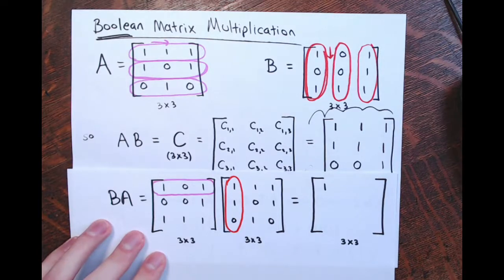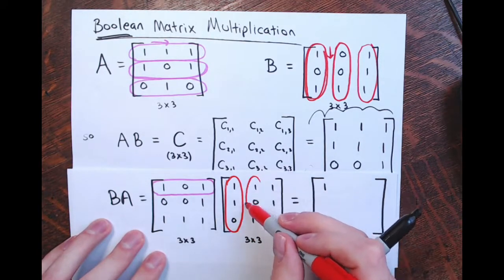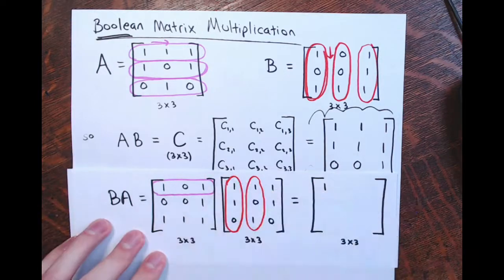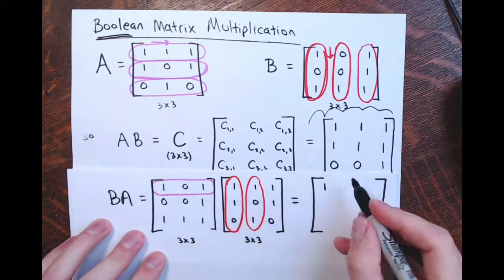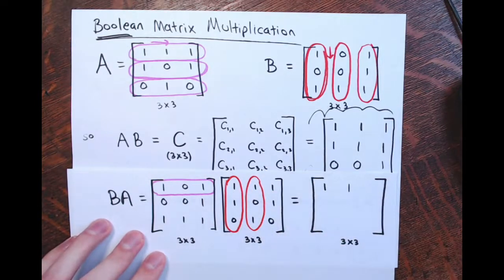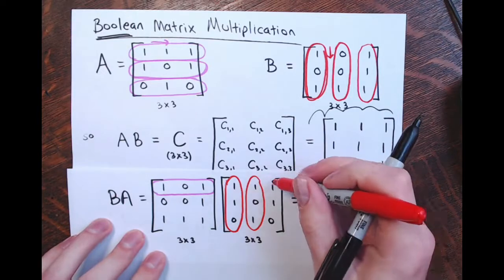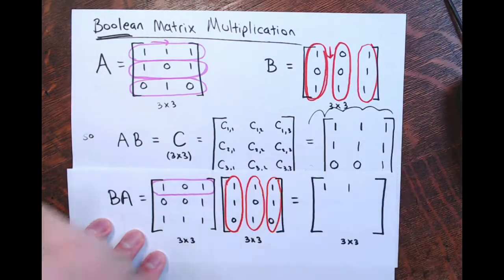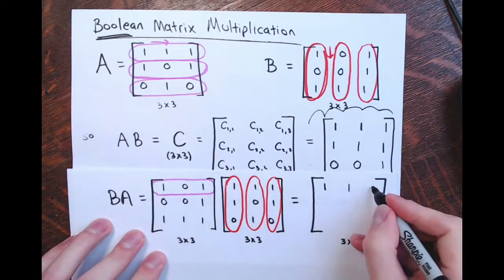And then I'm doing first row, second column, right? So 1 times, there's a 1. If there's ever a 1 times 1, the sum is going to be 1. And then first row, third column, 1 times 1, 1.